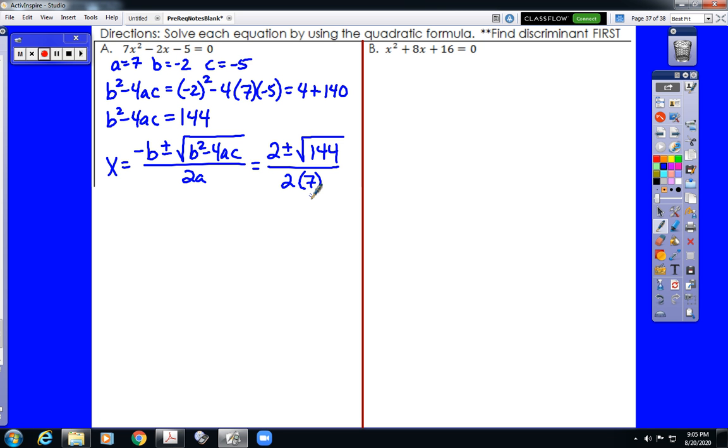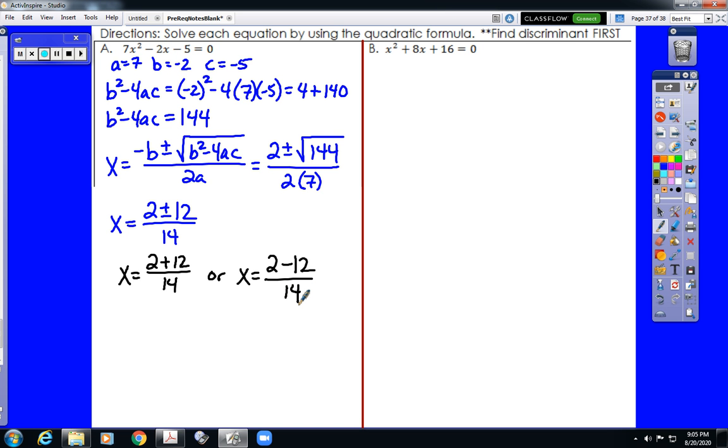7. So x is going to be equal to 2 plus or minus the square root of 144, which is 12, over 2 times 7, which is 14. Which means that we have two x values here. X is either 2 plus 12 divided by 14, or x is 2 minus 12 divided by 14.